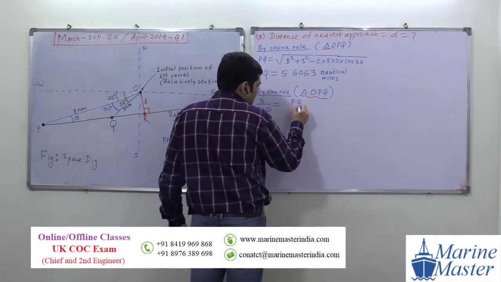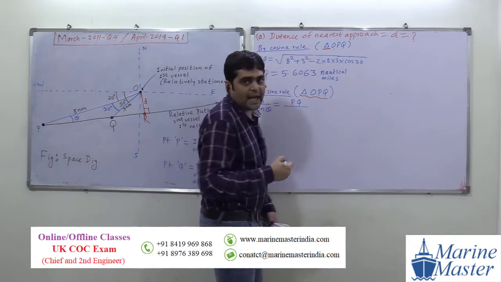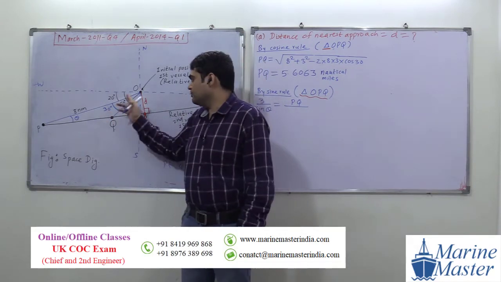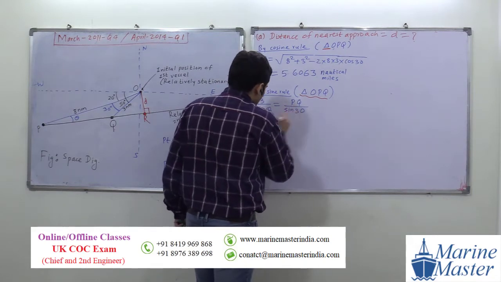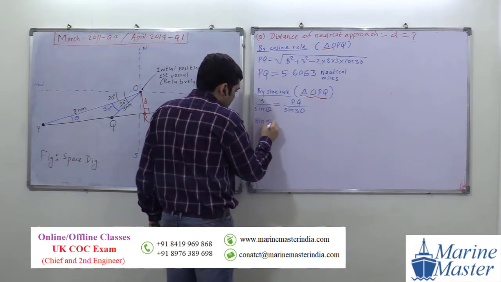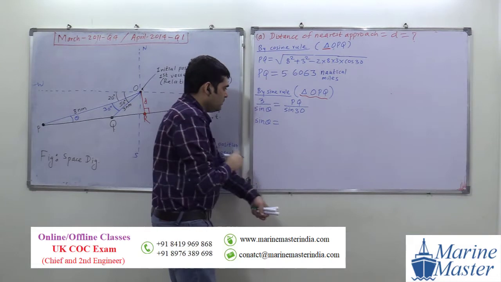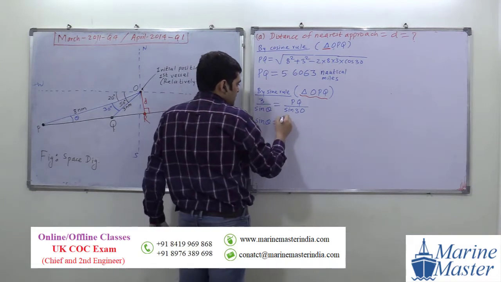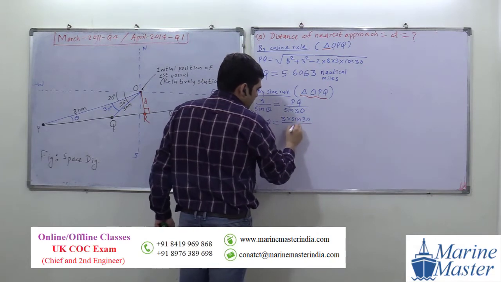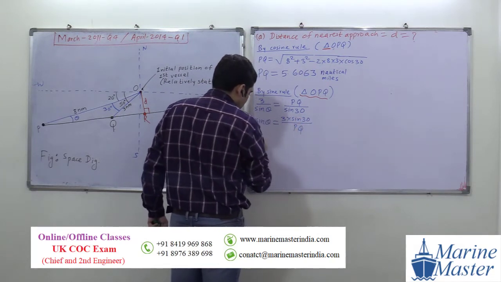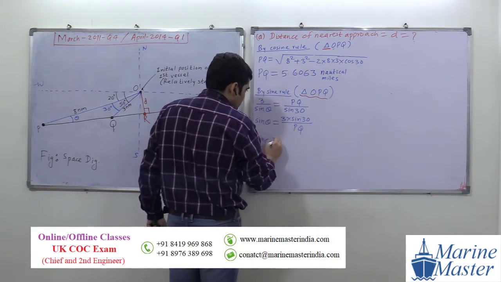We have the value of PQ. Why did we calculate PQ? Opposite to PQ is sine 30. So sine theta will be equal to 3 into sine 30 divided by PQ.